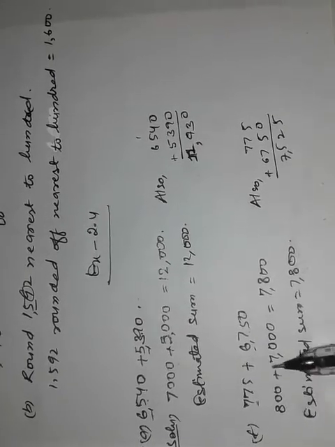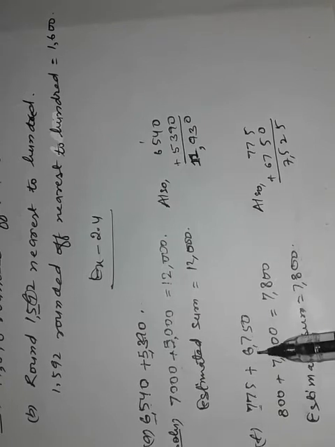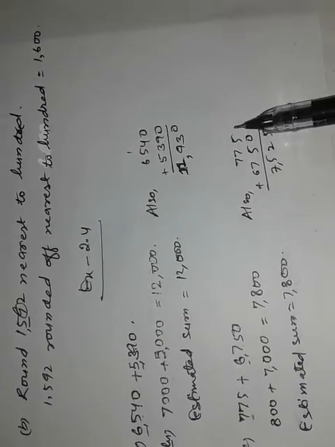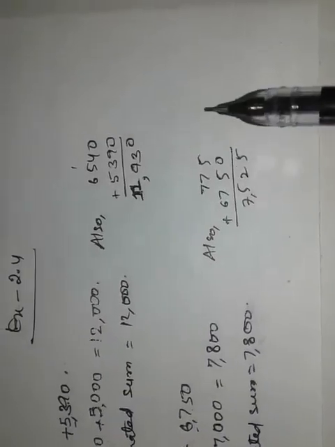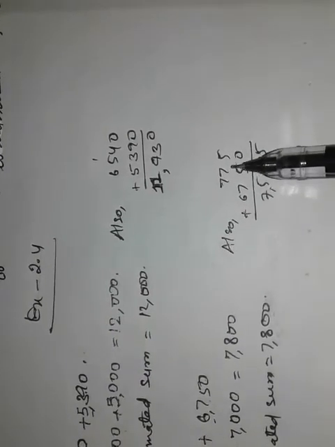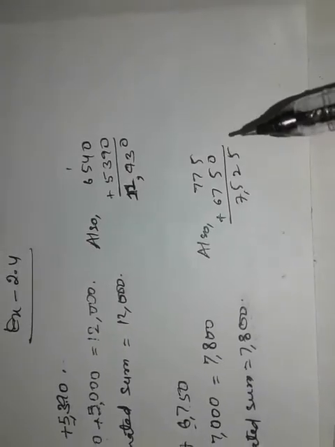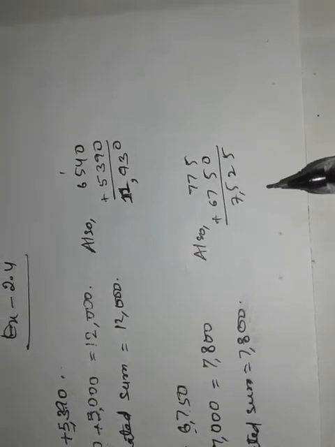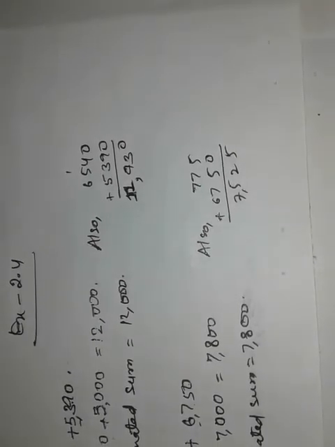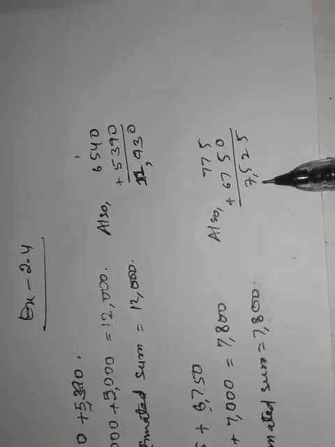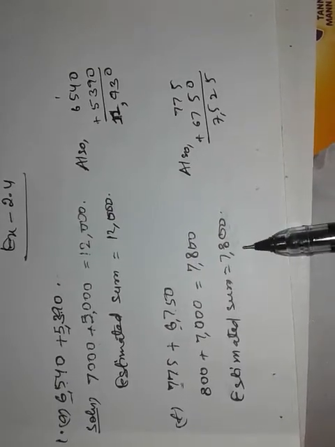Okay, 800, plus here 1, 10, 100, 1000, the digit is 6. After it is 7. 6 plus 1 is 7,000. Then we add it. How much do we get? 7,800. So when we add without estimating, how much do we get? 7,525. So the estimated sum is how much? 7,800.